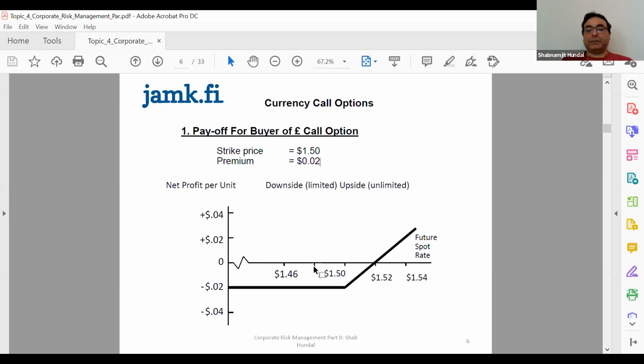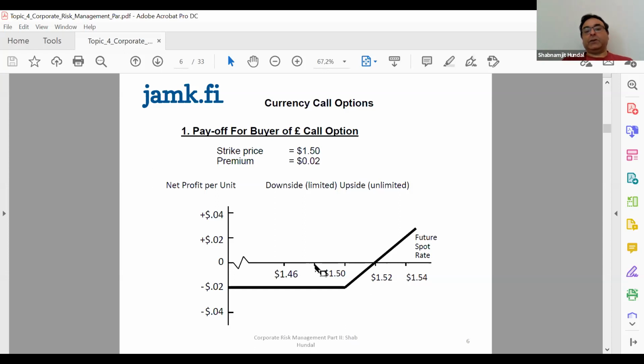But when you compare the market price 1.48 and 1.50, the market price seems to be cheaper. I wish I could have written 1.48 here, but there is a line in between. So 1.46 and 1.50, the average is 1.48. Because it's much cheaper, you're saving 2 cents.